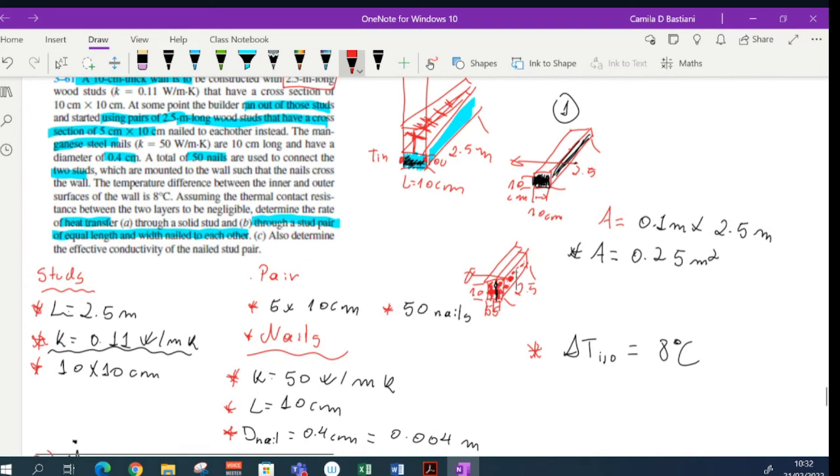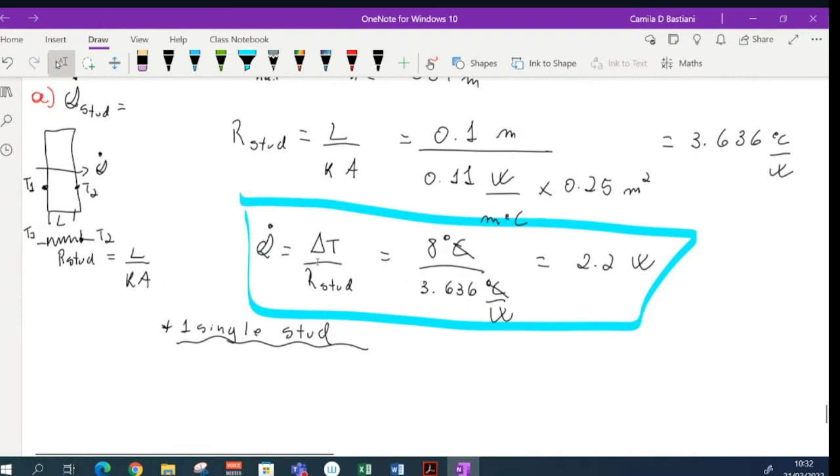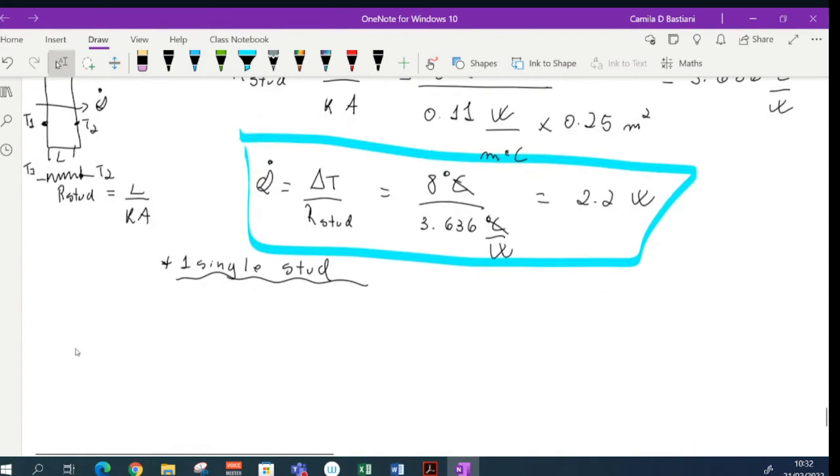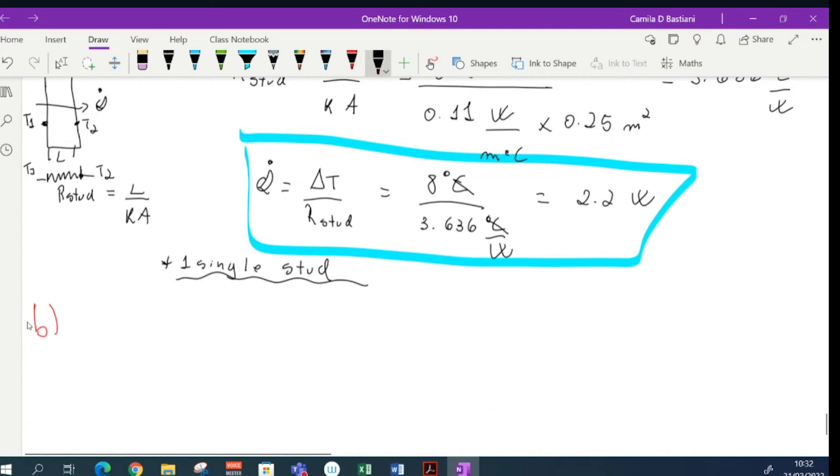So now I need to consider the heat transfer through the wood, but also the heat transfer through the nails. So if I looked through that in a one-dimensional approach, what would I see? I would see my stud with my nails going through it.